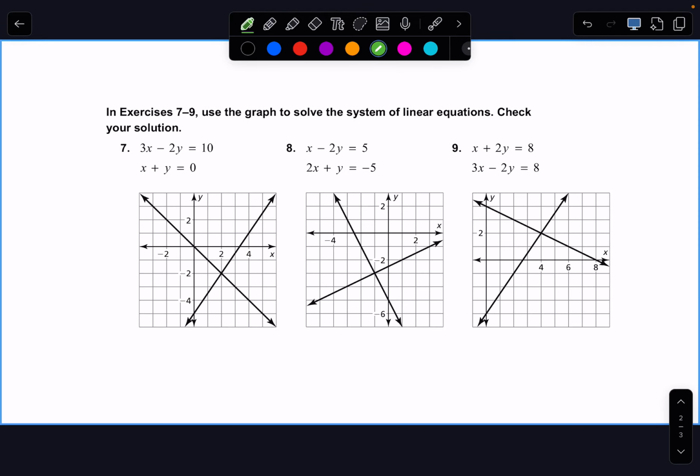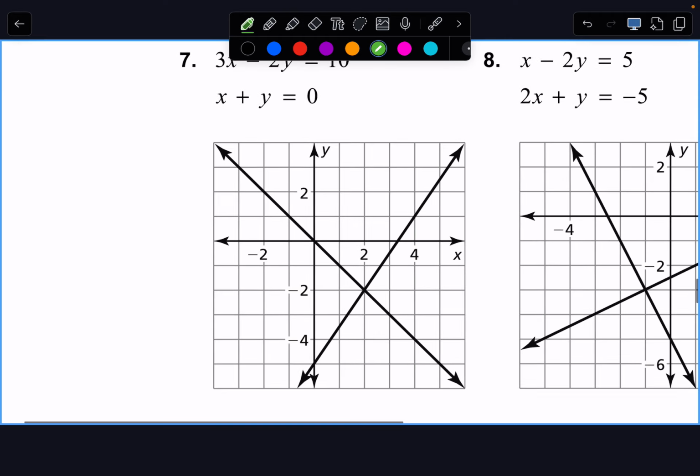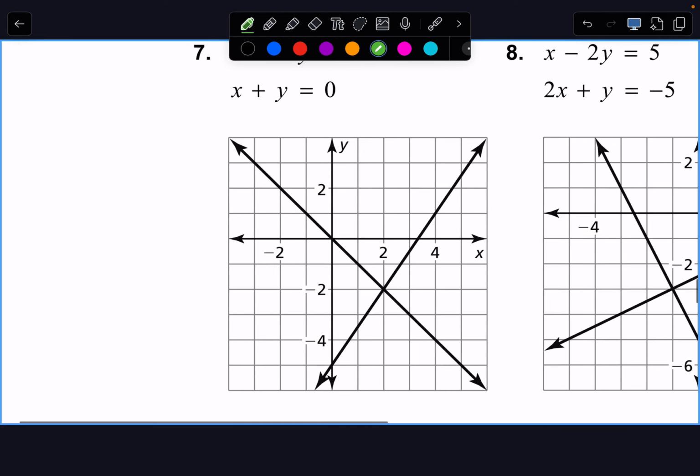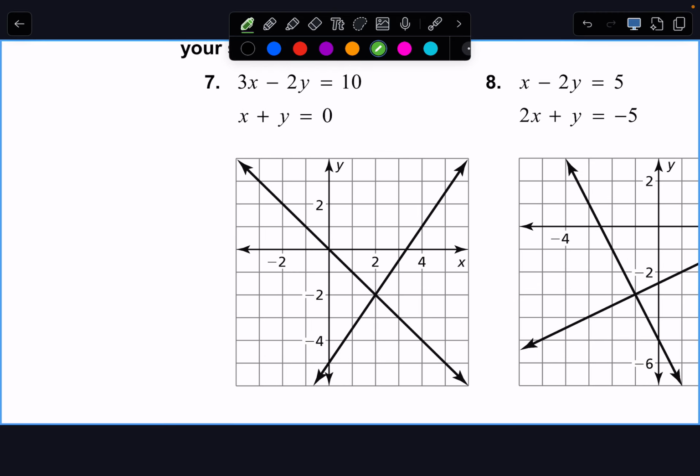On the next page, I want you to look at number 7. In number 7, where do these two lines intersect? Right here, 2, -2.